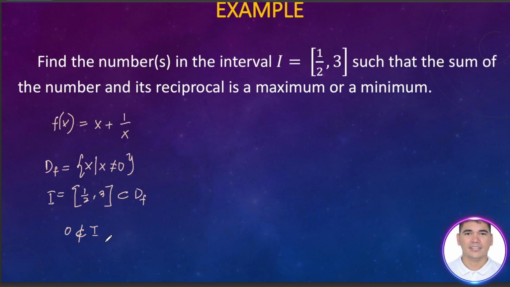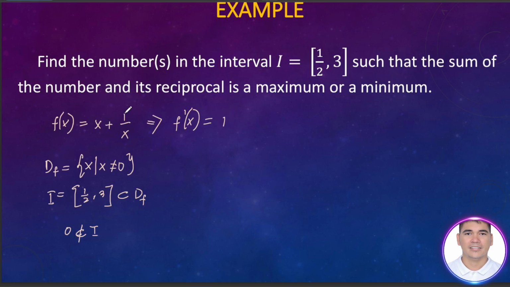But how? First, we determine if there is a critical number for f in the interval. To get the critical number, we derive this. The derivative of x is 1.